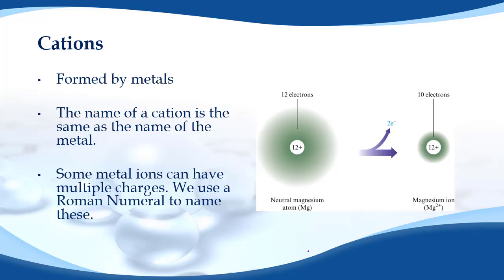Some metals can lose different numbers of electrons, like for example iron. Iron can lose 2 electrons, 3 electrons, or 6 electrons. And the way that we note that is we use a Roman numeral next to it. So if it's lost 2 electrons, we call it iron 2. If it's lost 3, we call it iron 3, using Roman numerals for those.